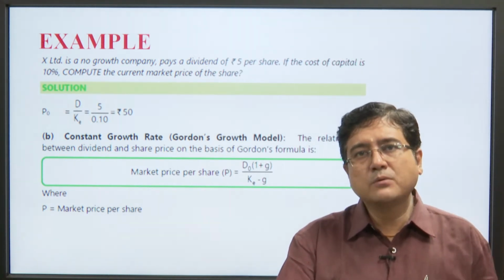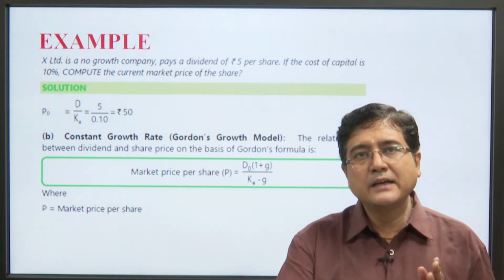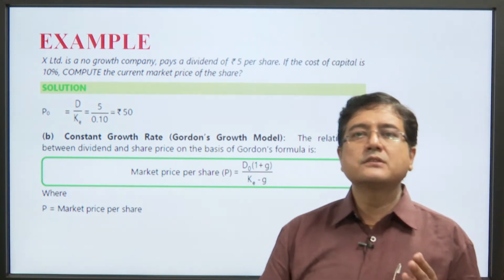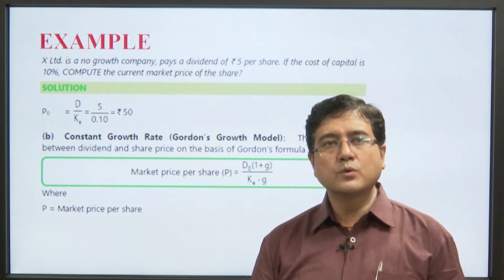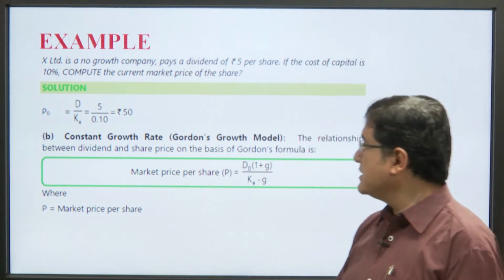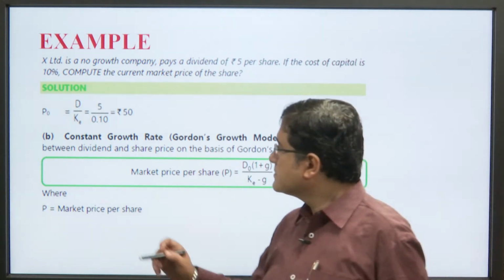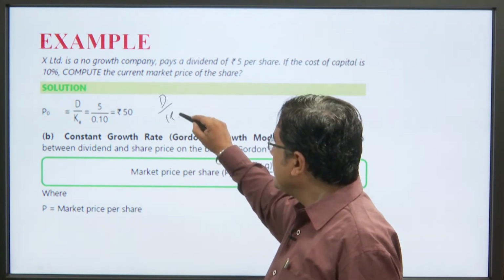This is a simple question where a company is paying a dividend of rupees 5 per share and there is no growth. So, we simply put the formula here. Our formula is D divided by KE.